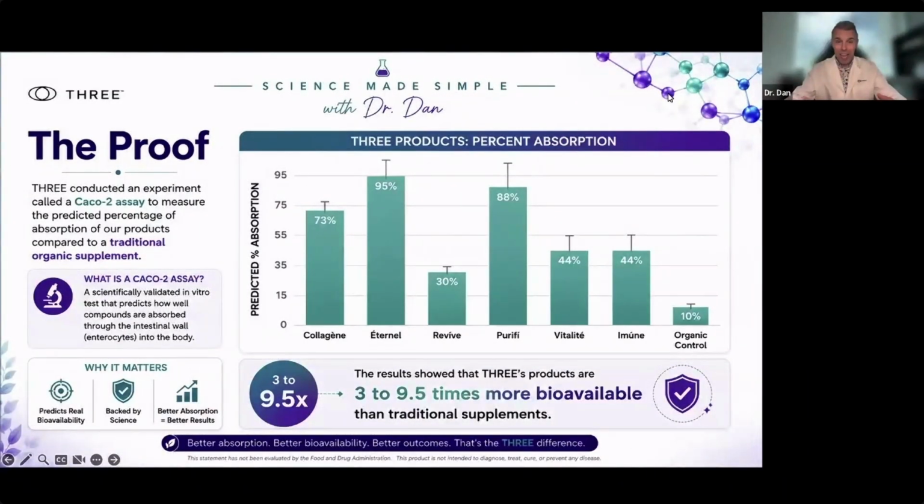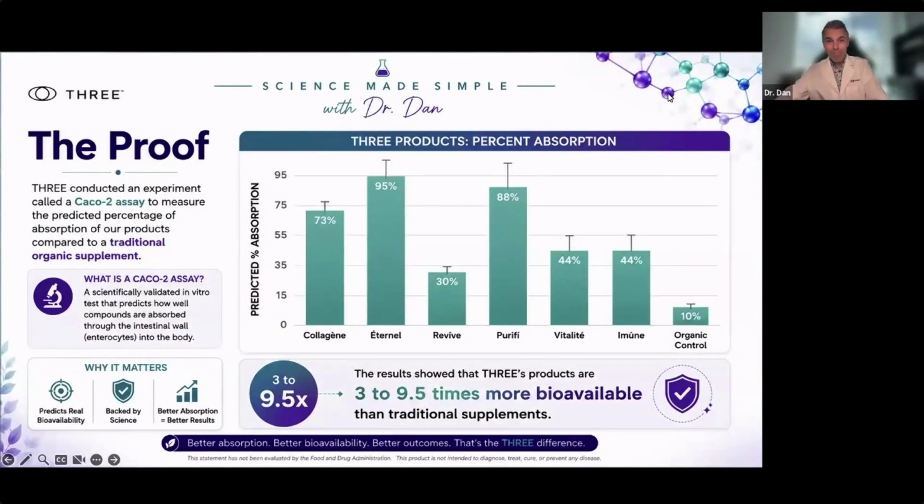And then we compared that with our Simple 6, our foundational health metabolic products. And what we found, you can see the results here, is that our products were anywhere from 3 to 9.5 times more bioavailable and more cellular absorbable than the control.